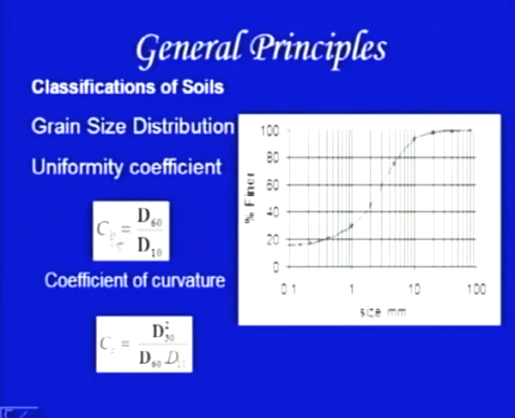Coefficient of uniformity is given as D60 by D10. D60 means corresponding to 60% finer, this is the particular size, such that 60% is finer than this, and D10 is another size. So, 10% is here, and corresponding to 10 we have to take that particular size.